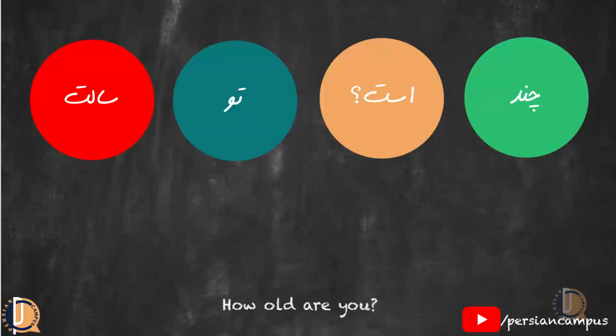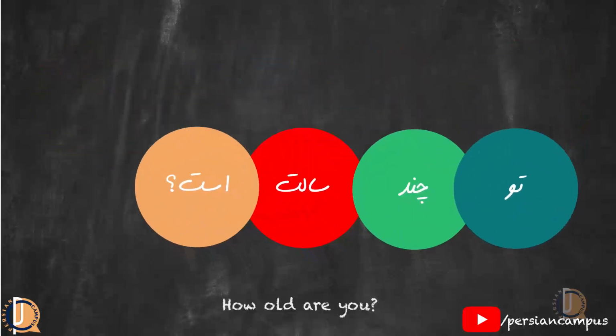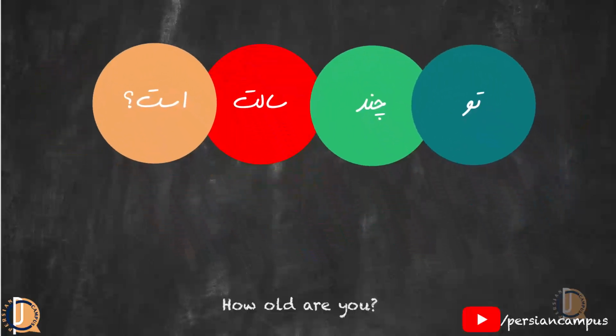This is a question with a question word. چند سالت. We put the subject first, the verb last, and the question word where we expect to see the answer. تو چند سالت است؟ چند and سالت are considered together as one question word and will be placed in the position of our expected answer.